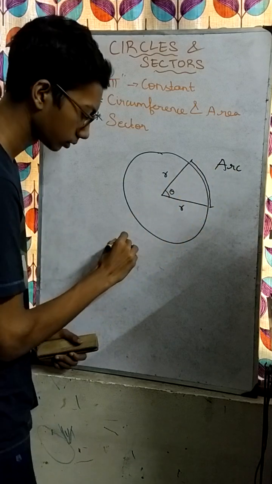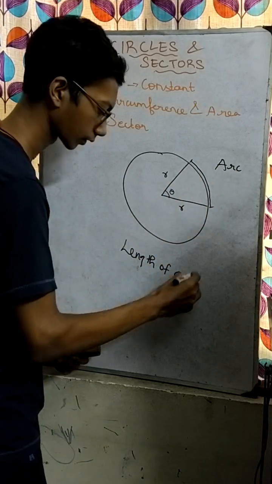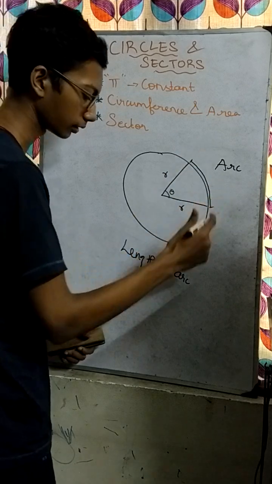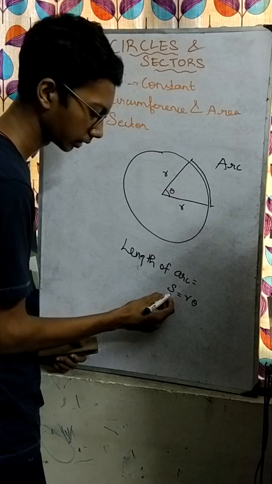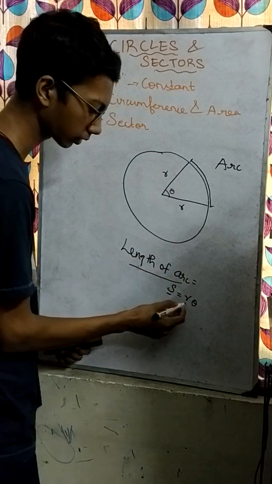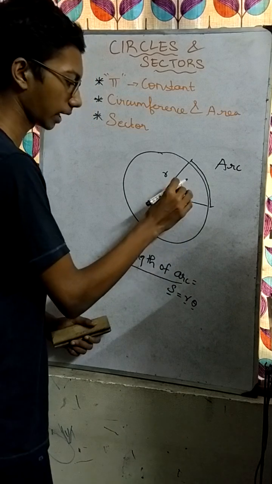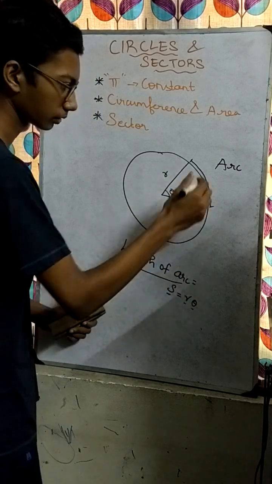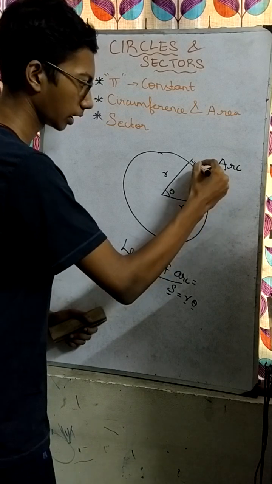Now the length of this arc is given as S equals r theta. Here S is the length of the arc, r is the radius of the circle, and theta is the angle here. So this is the formula I have to know to find the length of this arc.